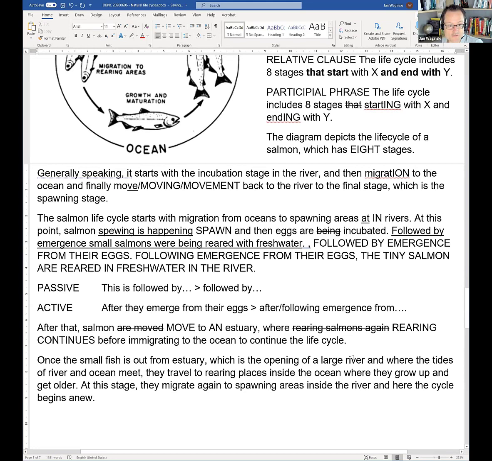Where rearing continues before immigrating. So they're not getting their immigration papers, they're just migrating. So emigration and immigration are legal processes. Migration is the neutral process of movement. After that, salmon move to an estuary where rearing continues before migrating.